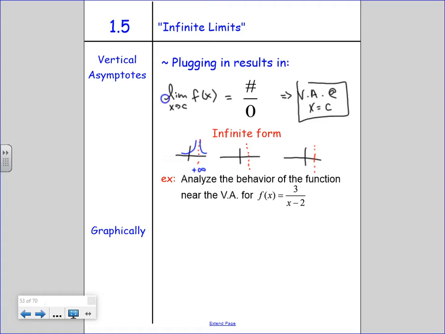Or I could have the function agreeing and going down. What would be my answer? Negative infinity. Or I could have my function disagree. As soon as my function disagrees, the two-sided limit, remember the normal one, with no one side or the other, is going to not exist.